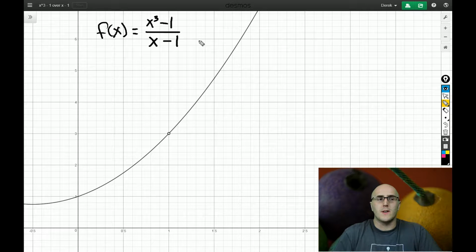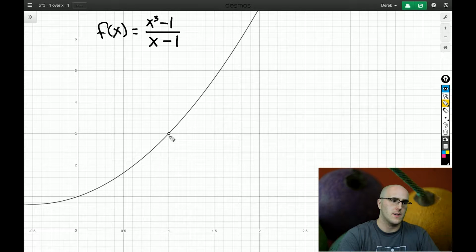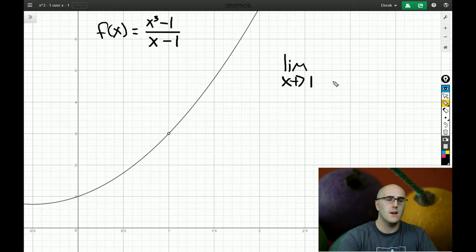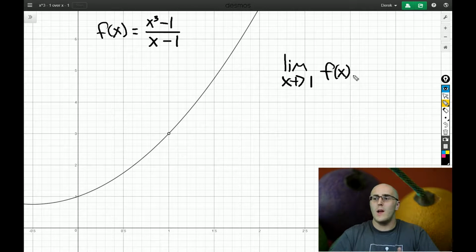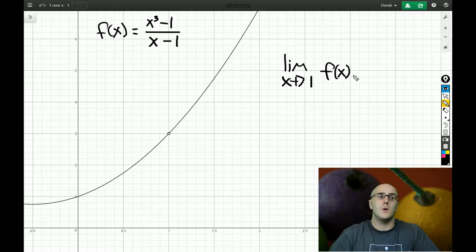The first thing you should notice is that this has a hole at x equals 1, because at x equals 1 we get 0 over 0, which is what this hole right here is. Now if I asked you what the limit is as x approaches 1 of f of x, what would your answer be? Well, if you follow your logic from the previous example and you just plug in 1, you would get not a number. You can't evaluate that.